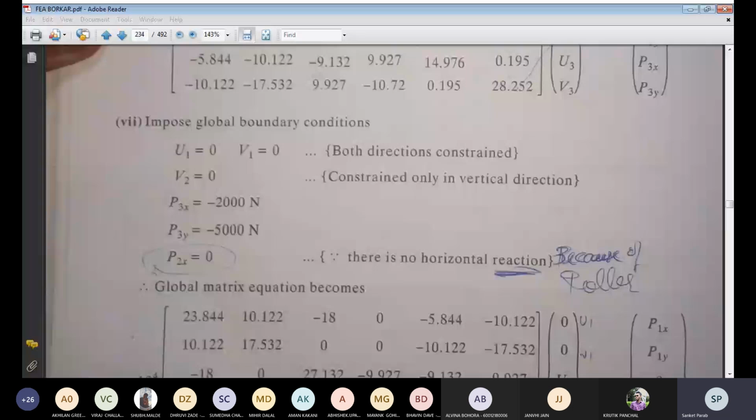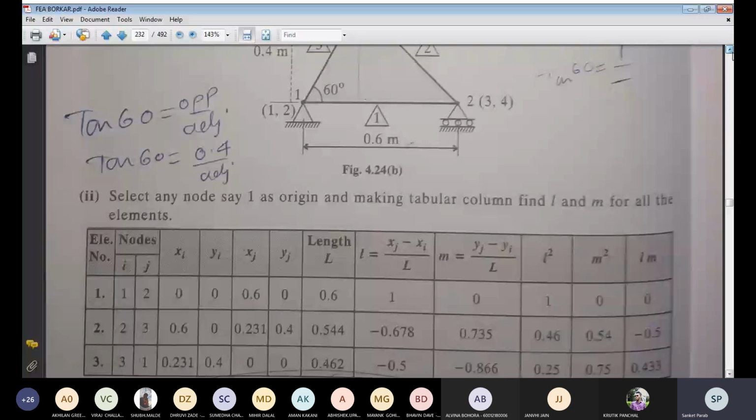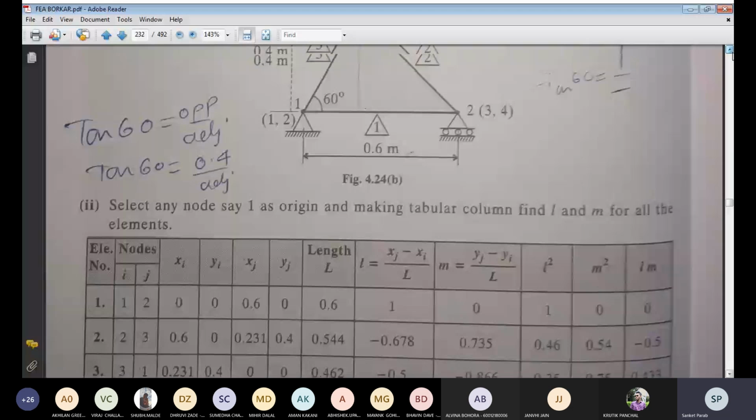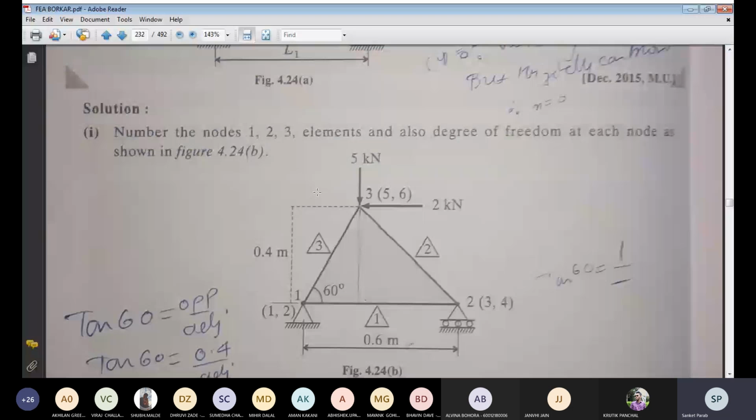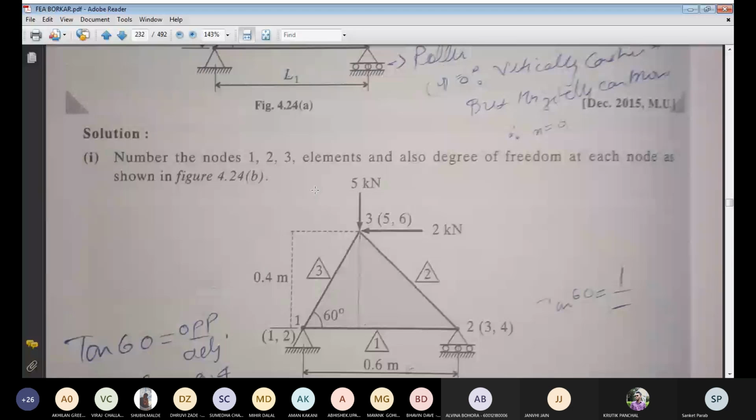I'll come back to this figure again. See, in basic engineering mechanics we have learned where we get reactions. First of all, where do we get reactions?